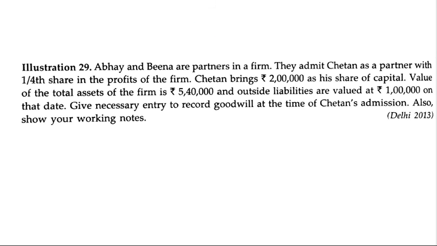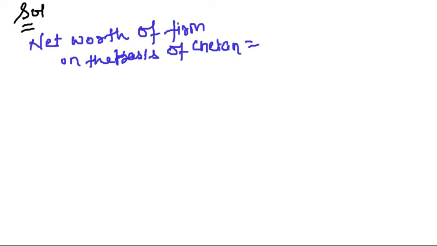What is the total amount he is bringing as capital? 2 lakh. What is his share? 1/4. So the net worth will be 2 lakh multiplied by 4. This comes to rupees 8 lakh.